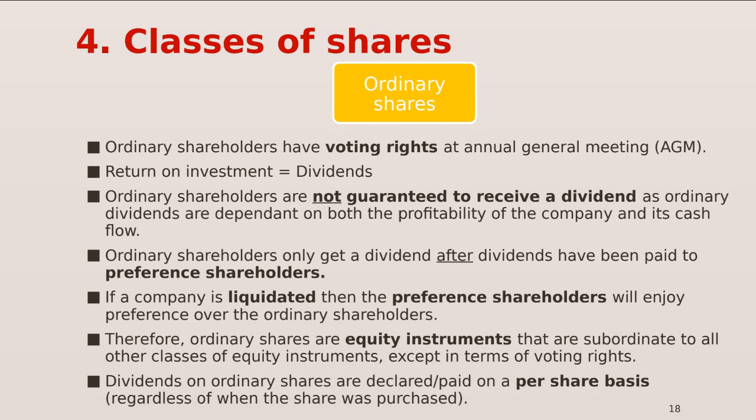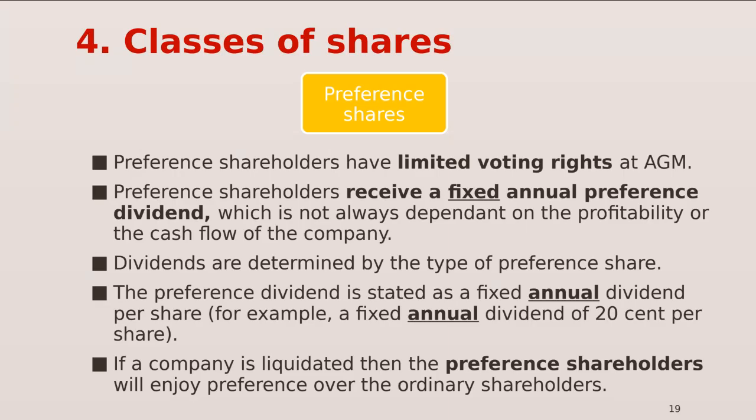So those are ordinary shares. For the most part, we sort of understood what that means. Now let's just talk briefly about preference shares. So preference shares, just like the word dictates, are preferred to ordinary shares. But when are they preferred? They are preferred in the case of liquidation.